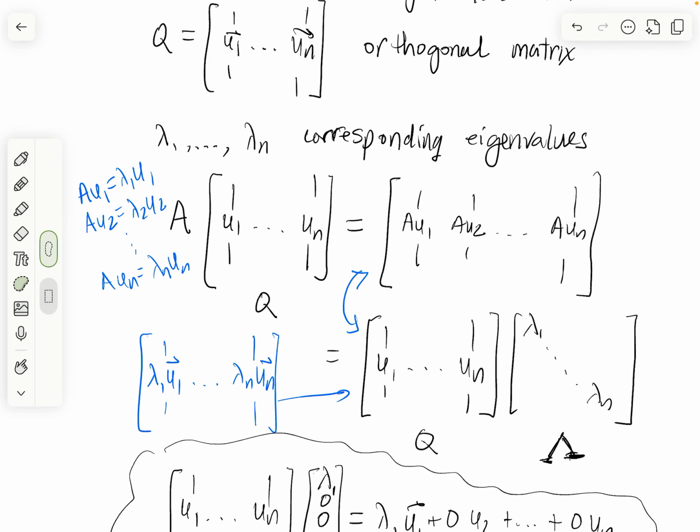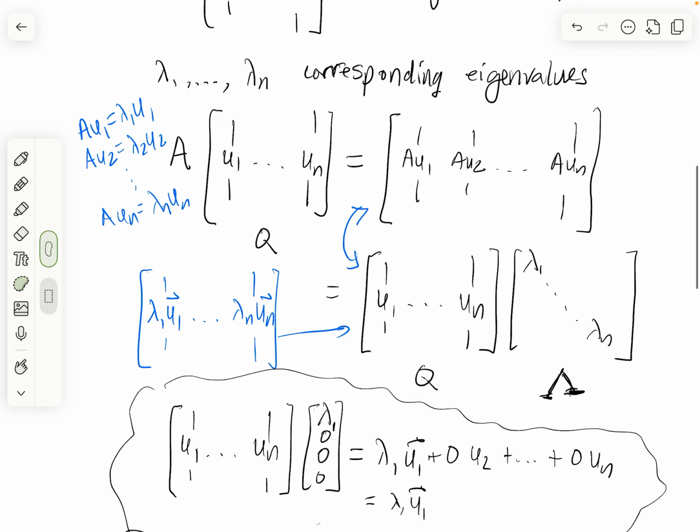So this matrix is the same as this matrix because the columns are the same, right? A times U1 is equal to lambda 1 U1, A times U2 is lambda 2 U2, up to A times Un equals lambda n Un.